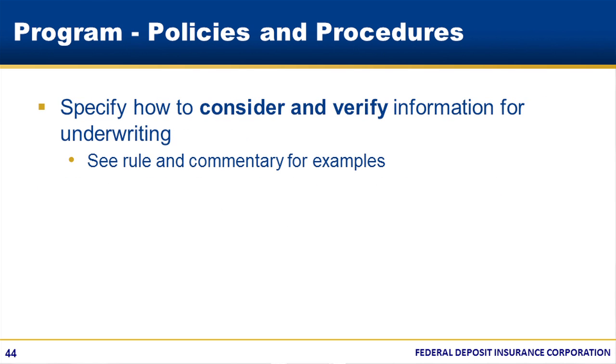Your policies and procedures should reflect the requirement that underwriting information be considered and verified. It may be helpful to your staff to include appropriate means of verifying the underwriting information and obtaining the reasonably reliable third-party records to be used in ATR compliance. The rule and commentary list examples.